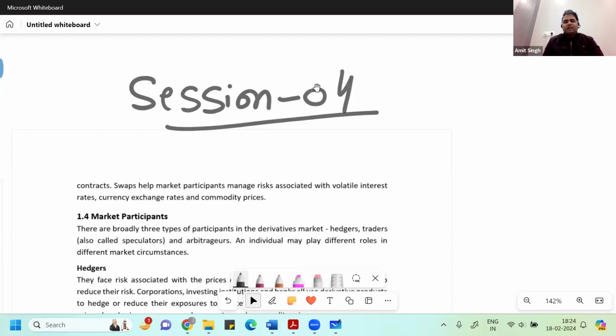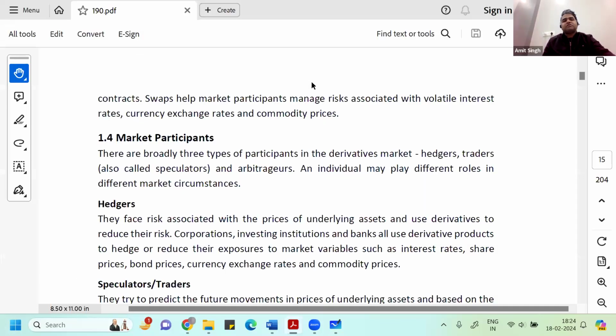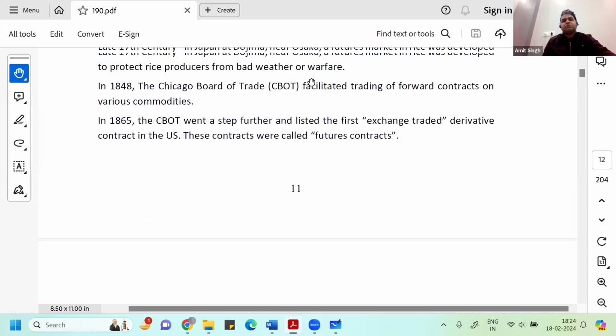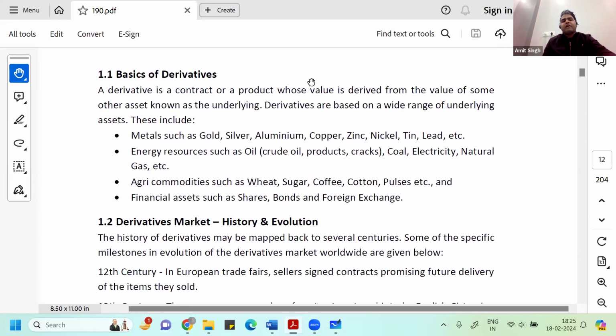So, guys, so far in our basics of derivative, what I have discussed with you people is what derivative instruments are, and how the different forms, be it forward contract, future contract, options, or swap, are different from each other.